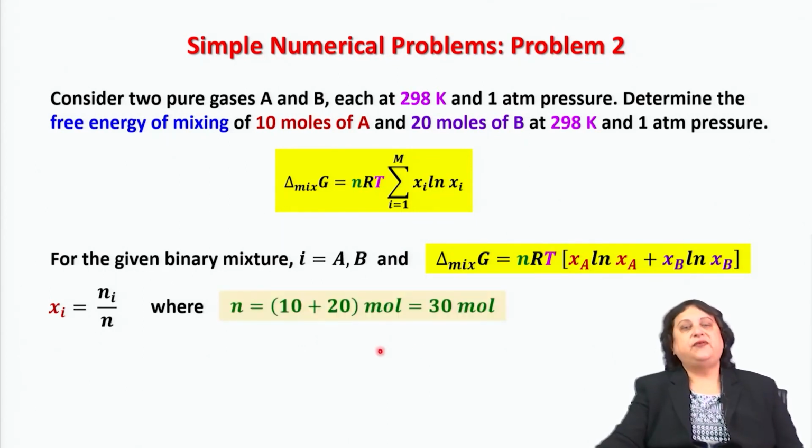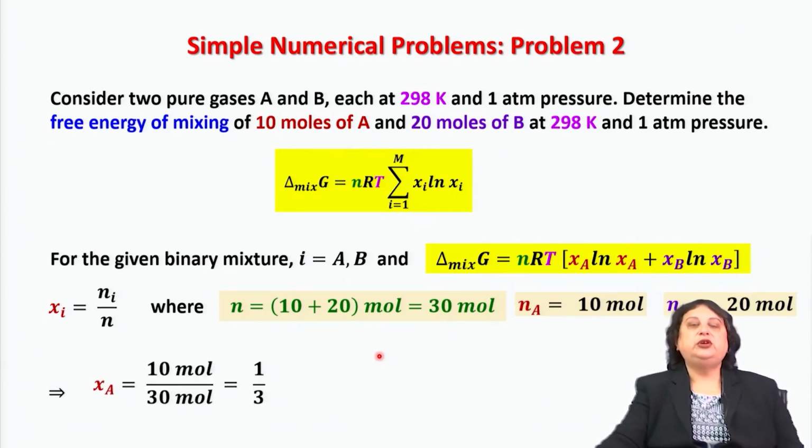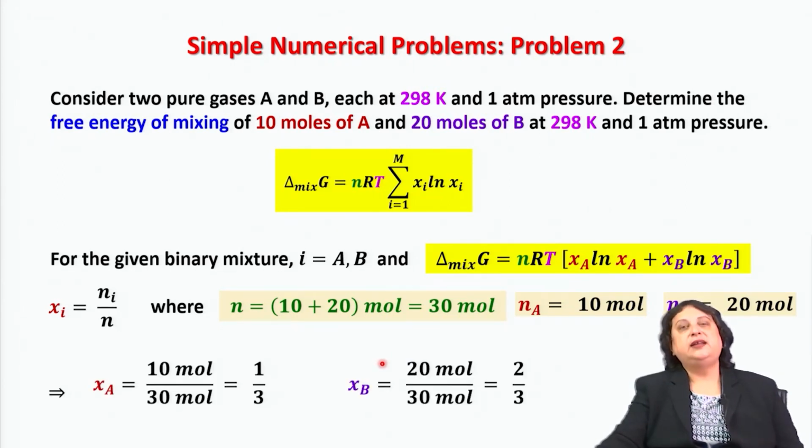Here N total is 30 moles, NA is 10 moles and NB is 20 moles. So XA is 1/3 and XB is 2/3.